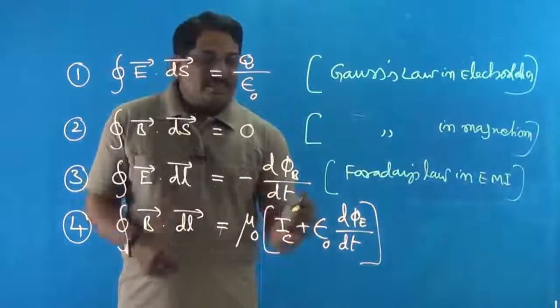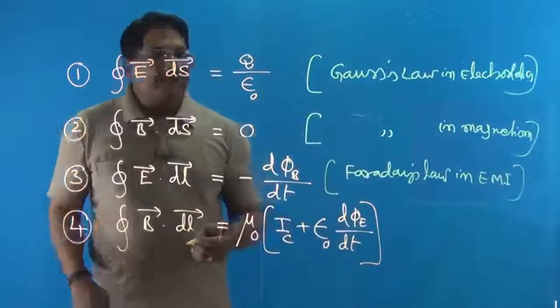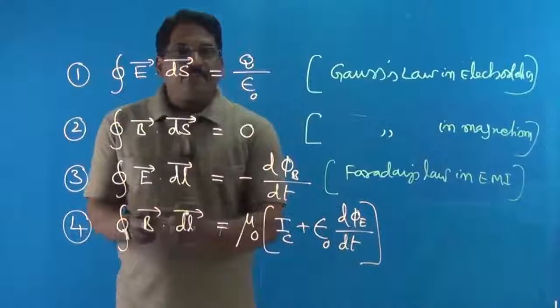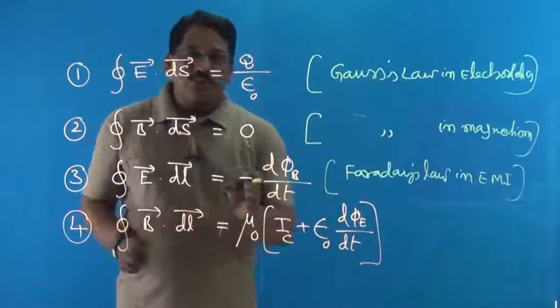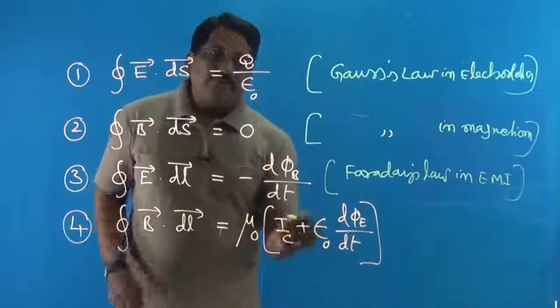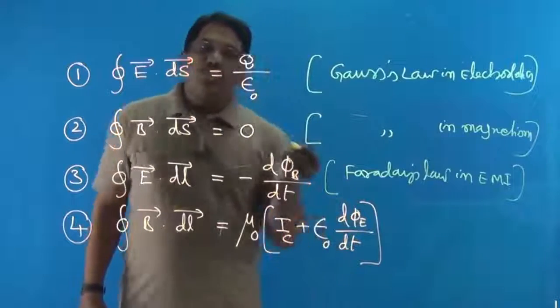That inconsistency is overcome by introducing the concept of displacement current. So the line integral of the magnetic field over a closed loop is equal to mu naught times the sum of conduction current and displacement current threading that closed loop.